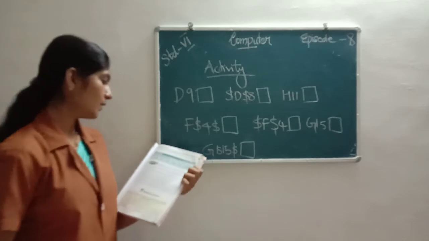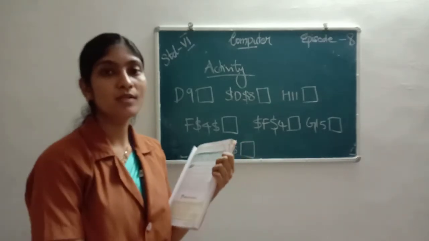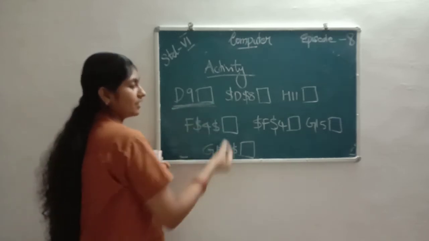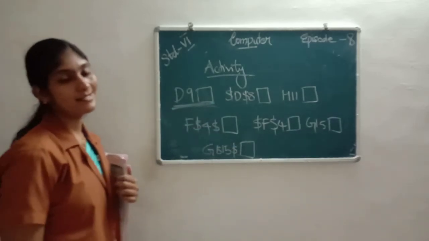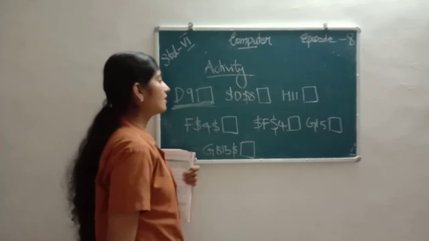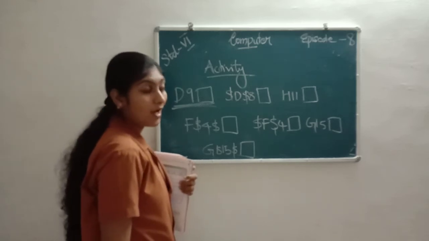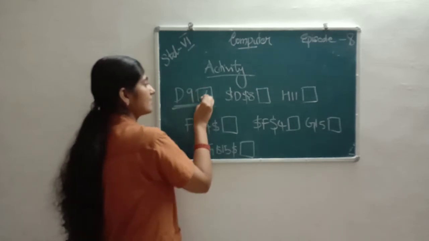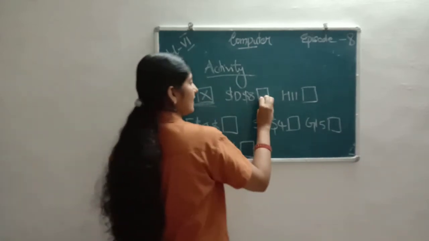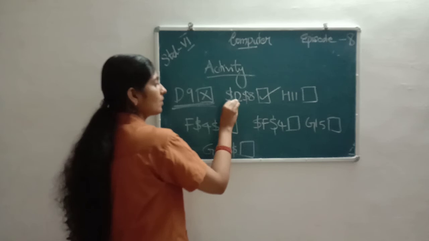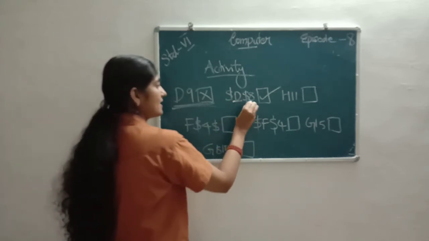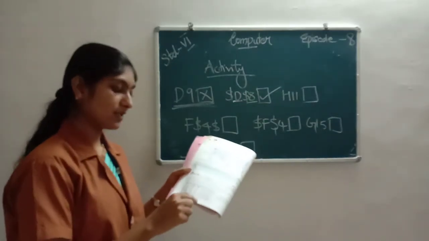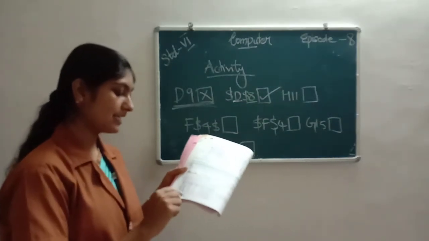Okay, so you have to find the correct absolute cell address. So first one, D9. We know if you want to make a cell absolute, what are the things you have to do? First, put a dollar symbol. So here this is wrong. This is correct, because D is the column and 8 is the row.